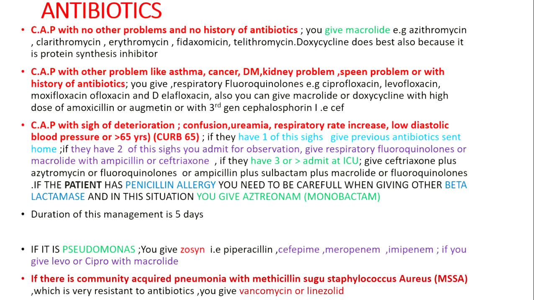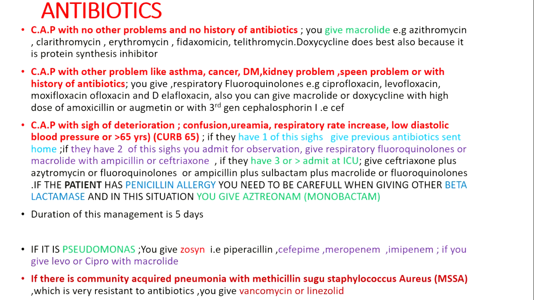The common one is ceftriaxone. So it will depend. If you miss fluoroquinolones, you see if there is any macrolide, azithromycin or erythromycin, or if there are no those drugs, you see if there is a cycline. Whichever one, you can give with high dose amoxicillin, which is amoxil, or you can give with augmentin. If these three are missing, you can give an injection of ceftriaxone, which is a cephalosporin drug.